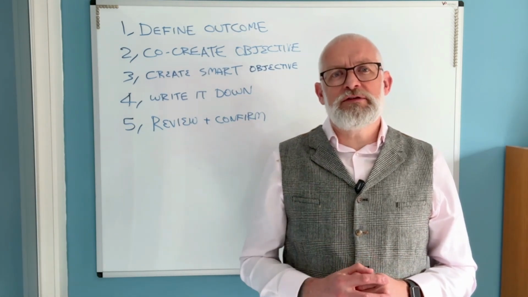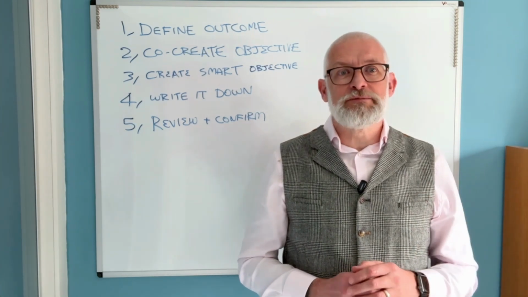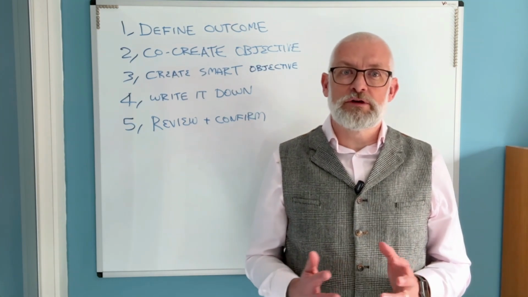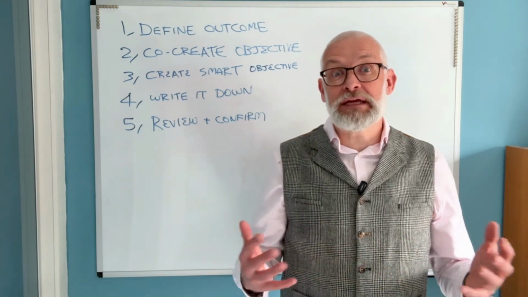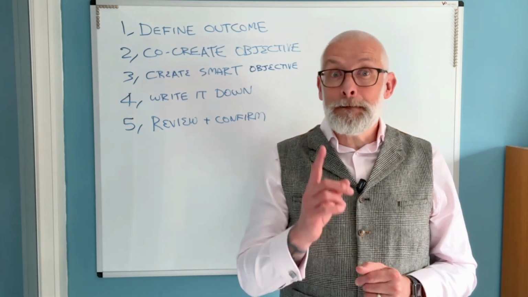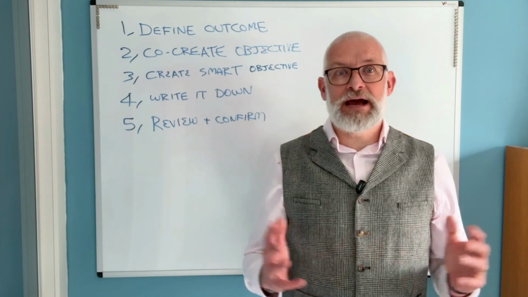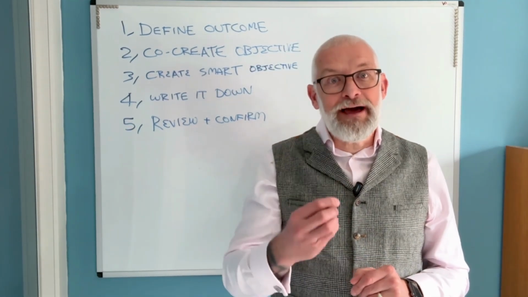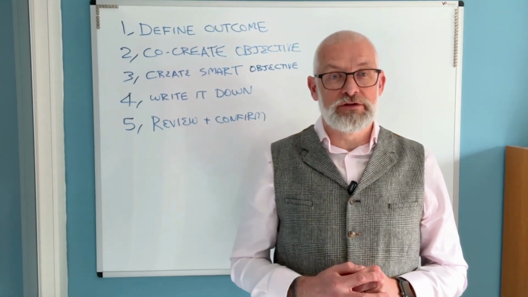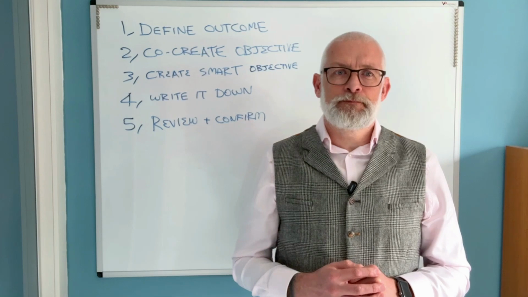If you get the conversation right at the start, the objective does most of the work for you, guiding behaviour, supporting progress, and making review discussions more meaningful. That's how SMART should be used, not as a form to fill in, but as a way to help people grow with confidence and with purpose.